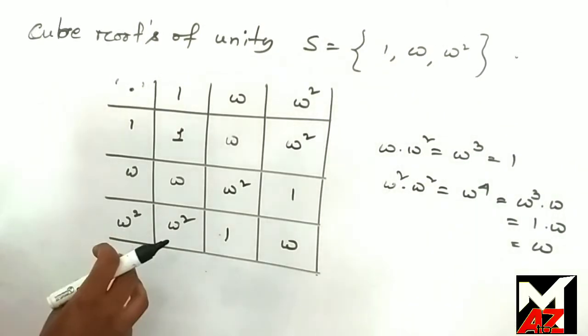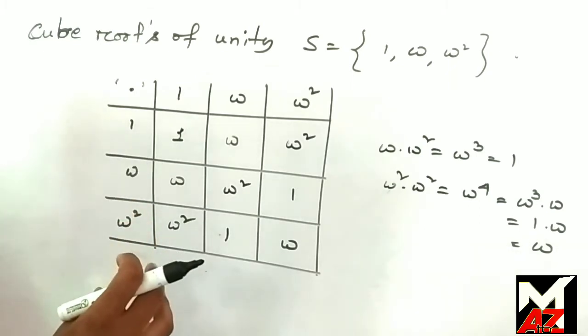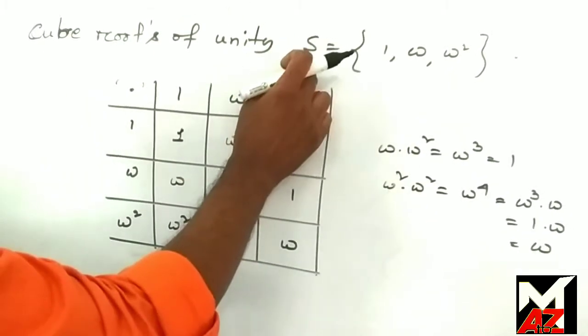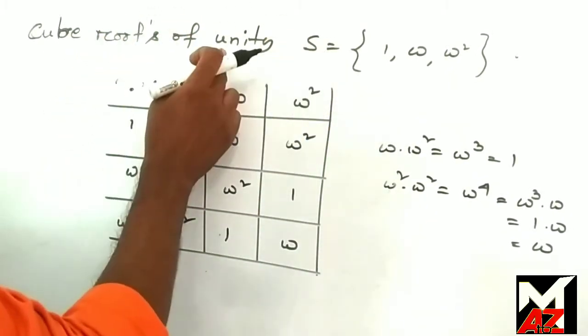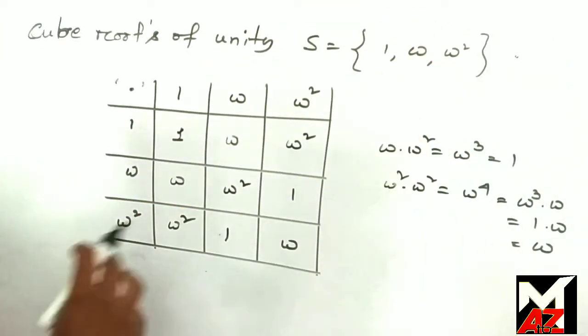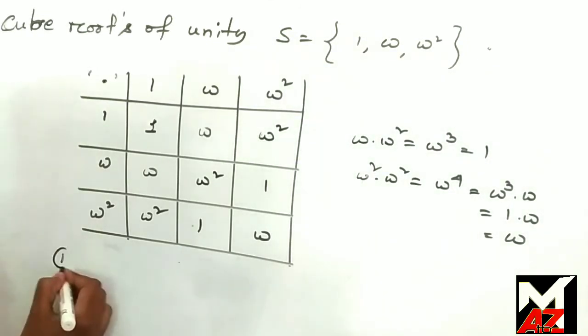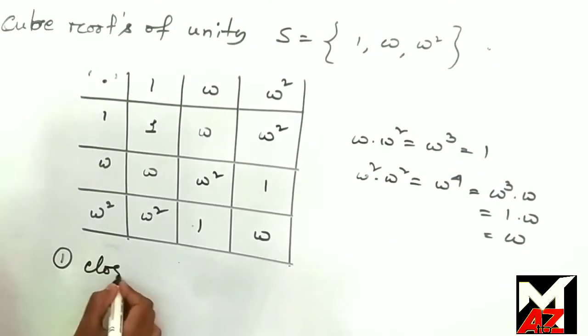Now we see how to say whether the set S, the cube roots of unity, with respect to usual multiplication is a group or not. Now the first property of a group is closure.